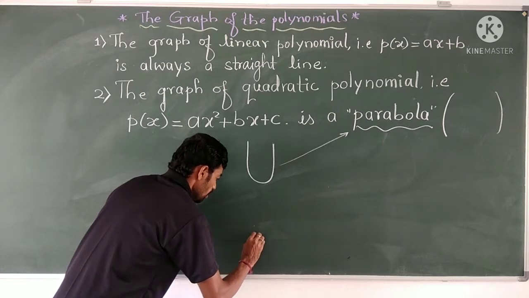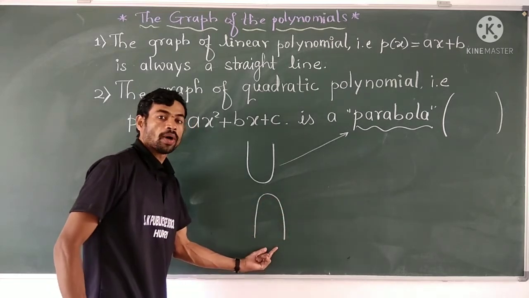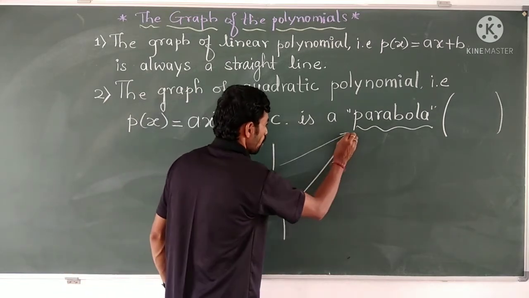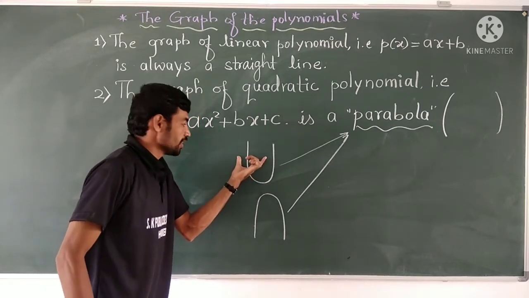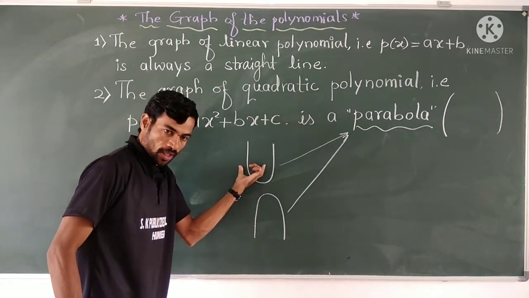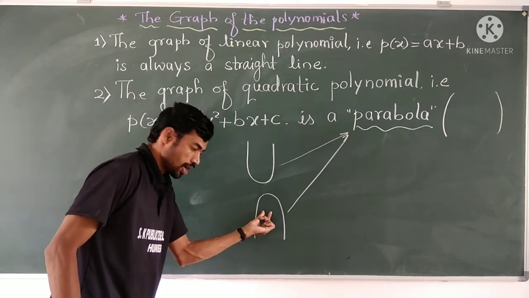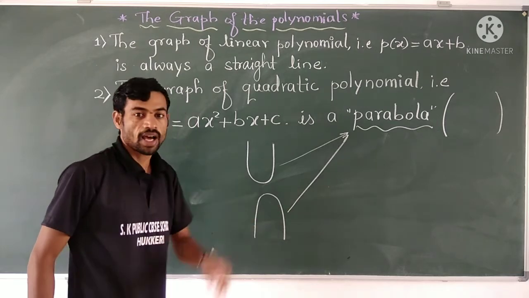And if the graph is like this, it is called open downward. This is also called a parabola. So the open up U shape is a parabola, and this open downward one is also a parabola.